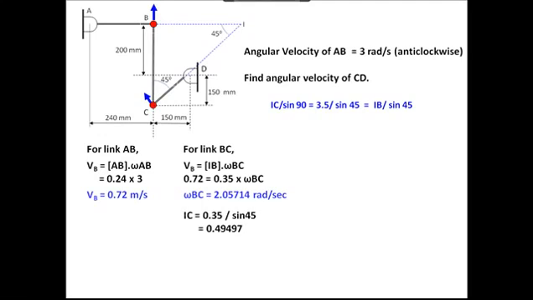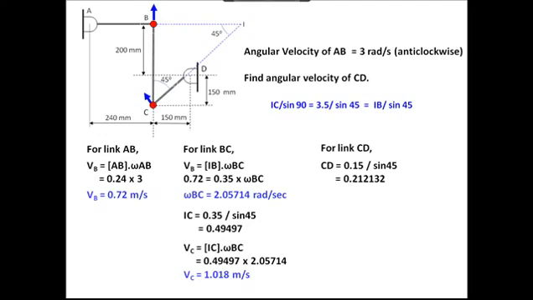Further, IC is known from the sine rule, 0.35 by sine 45, and therefore we can work out VC as IC into omega BC. Omega BC we just worked out, IC we have worked out, so VC we can find out. And lastly, we go to link CD, wherein we first work out distance CD from geometry, 0.15 upon sine 45, and then we write VC is equal to distance CD into omega CD.